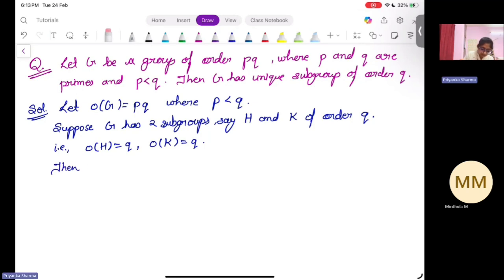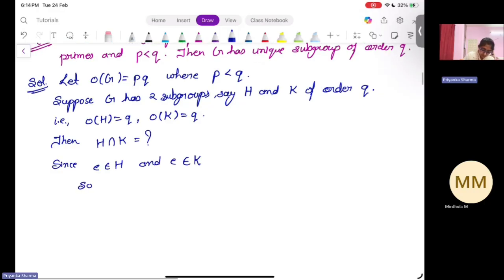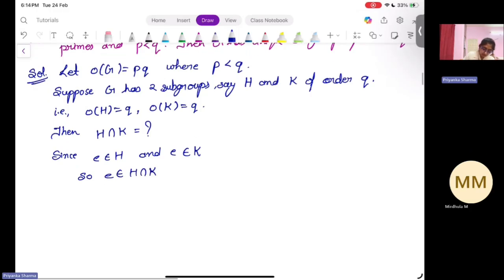What about H intersection K? As the identity element will be in H and K both, so this will be in H intersection K. Therefore, H intersection K is non-empty.